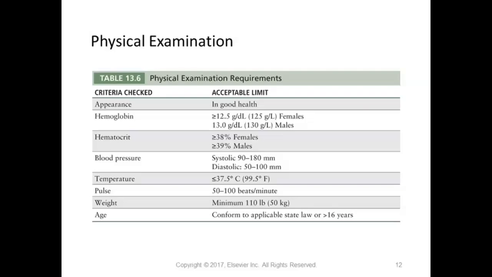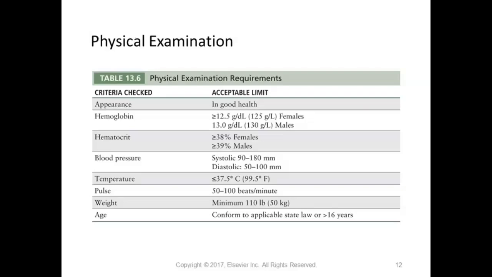Now, your blood for the hemoglobin is collected with a finger stick, and it's then tested with a point of care device, meaning that they check it right there. So they'll prick your finger. I can't remember if they draw up the blood in a capillary tube or it's on a little strip like a glucometer. But once they have the drop of blood, they'll get the results within 30 seconds.